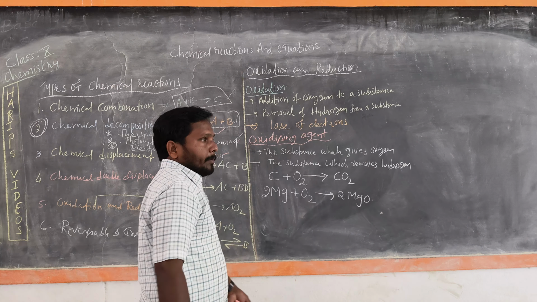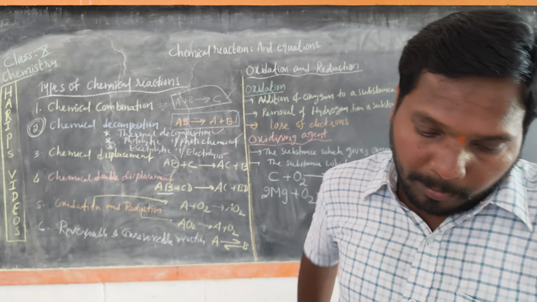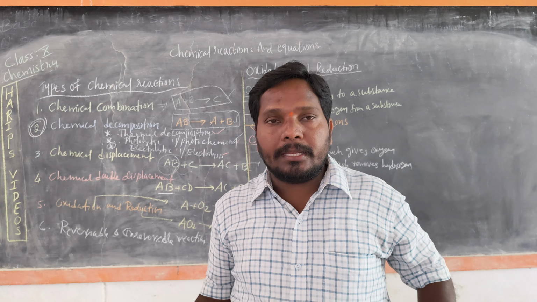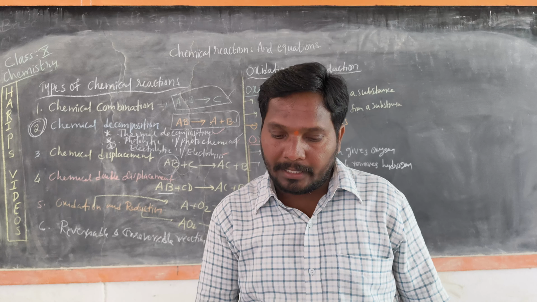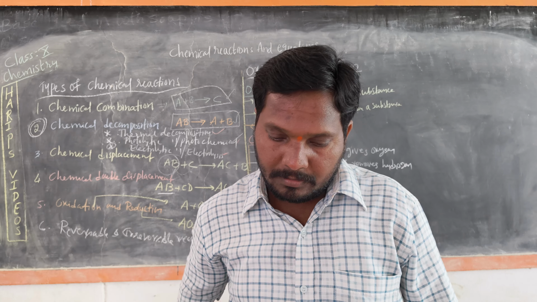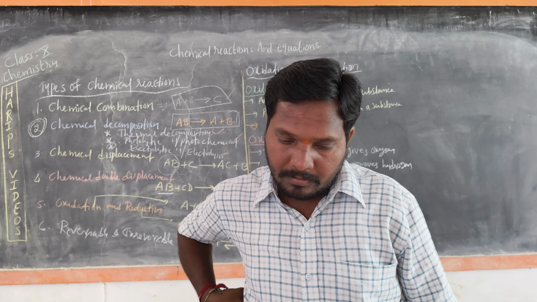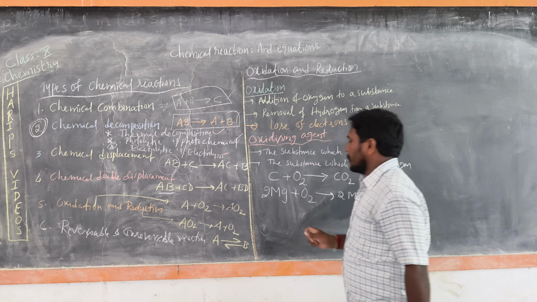Phosphorus, when burnt in the air, that means oxygen is added, forms phosphorus pentoxide. These are simple examples.